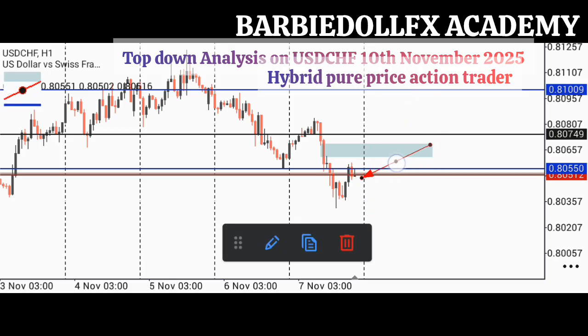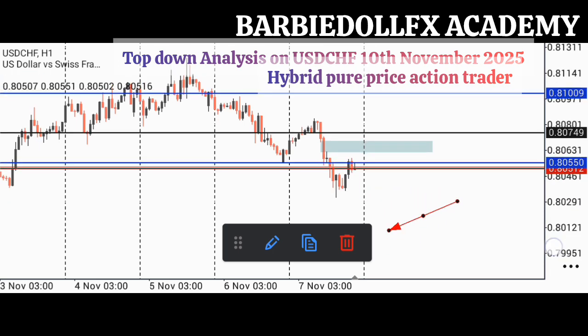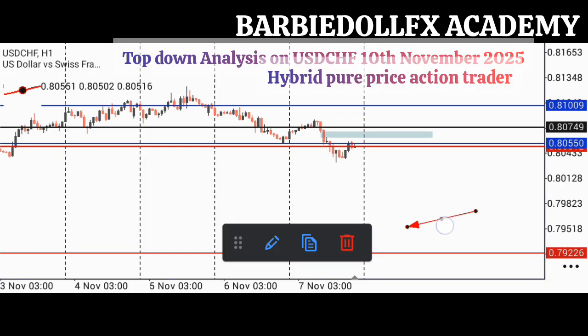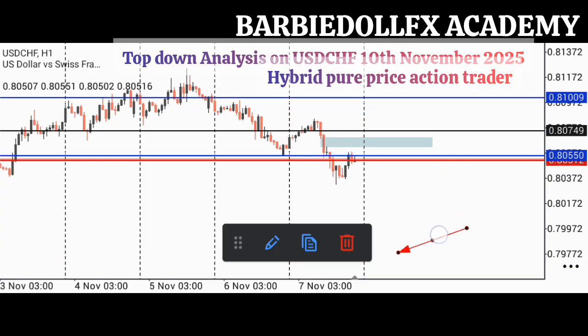If price later pushes up and closes below this previous weekly high that was broken, and maybe price is still rallying around it, maybe we can now see a further downward movement towards this particular previous weekly low. So now this is our focus.